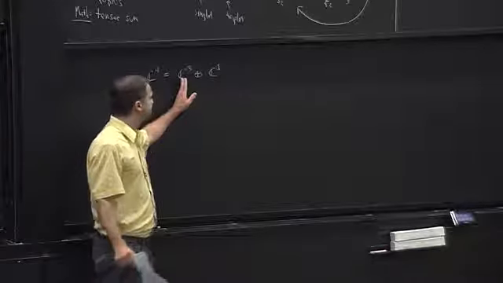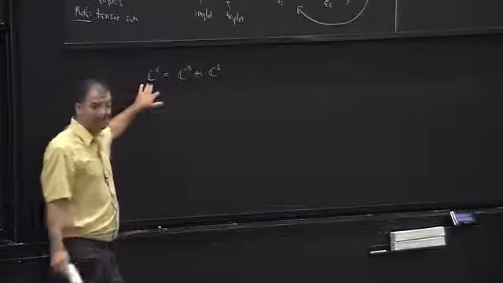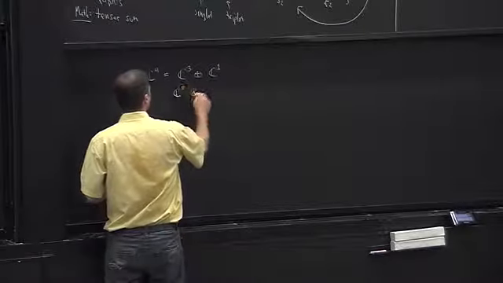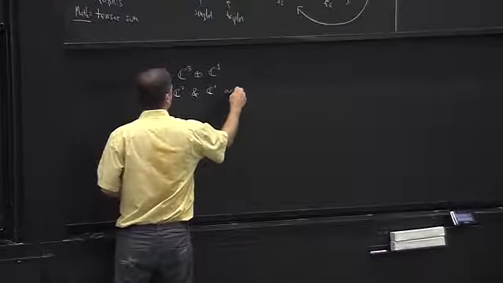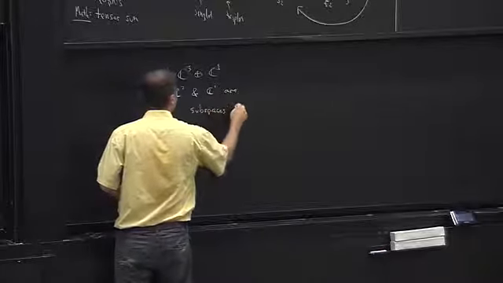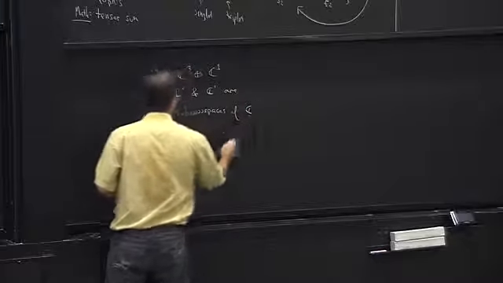We refer to C3 as a subspace of C4. So here, C3 and C1 are subspaces of C4.